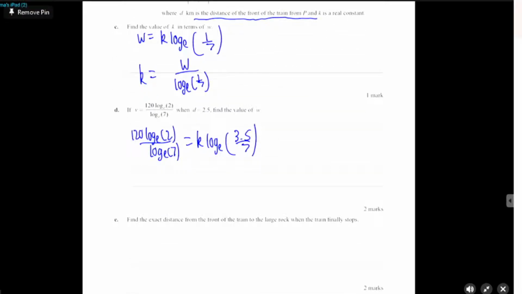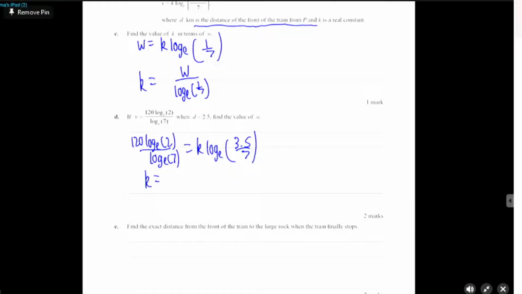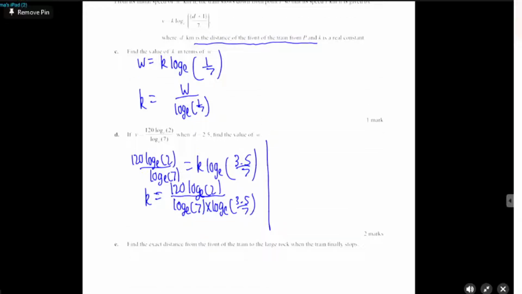That means your K value will now be... Now, when you find W, you just plug in this value into this equation, and then when you solve for that, you should get W as 120.